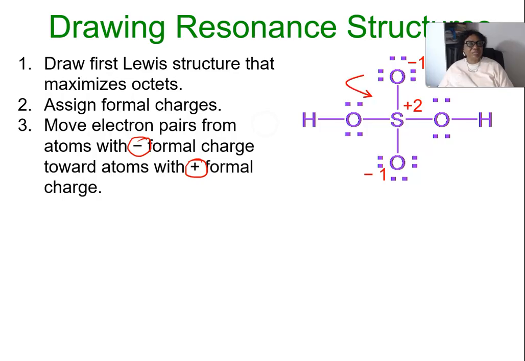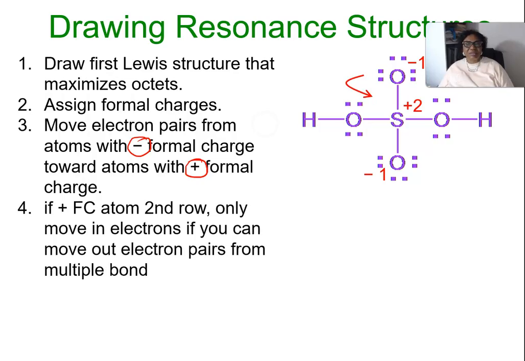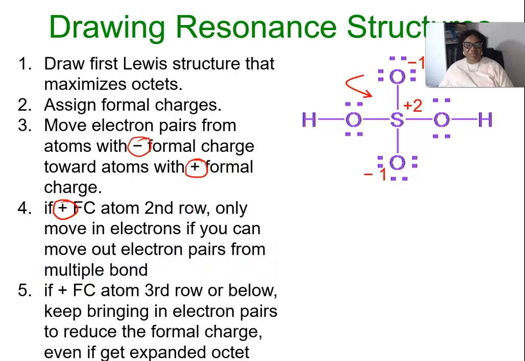So you see. Then if the positive formal charge atom is in the second row, only move in electrons if you can move out electron pairs from the multiple bond. But if the atom is in the third row or below, keep moving in electron pairs to reduce the formal charge even if you get an expanded octet.